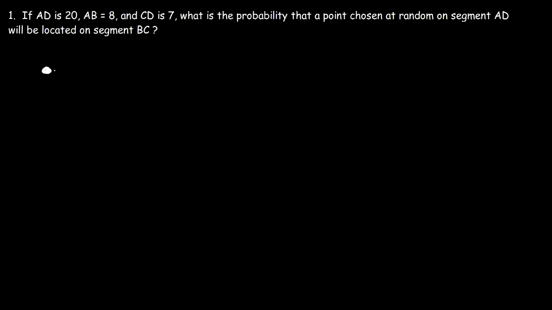And let's say in the picture that all the points are listed in alphabetical order. So this is point A and point D, and let's put B and C somewhere along this line.